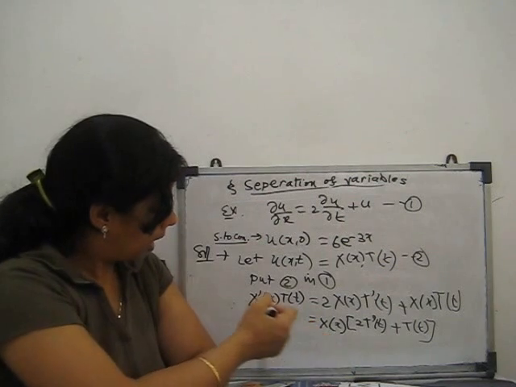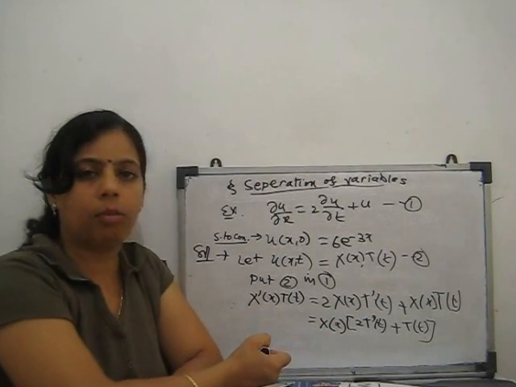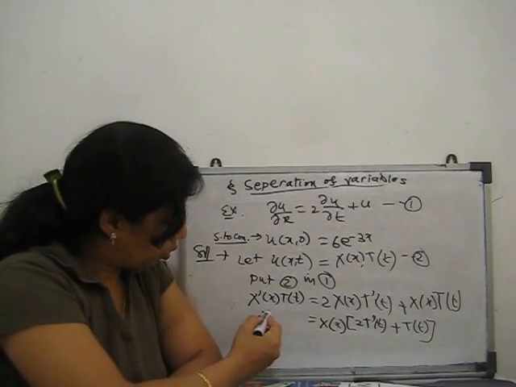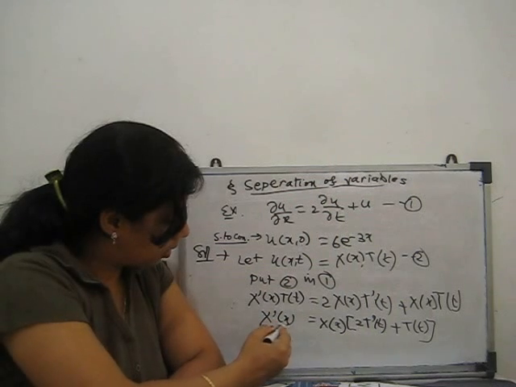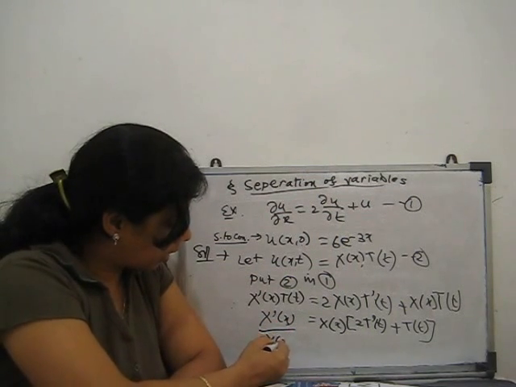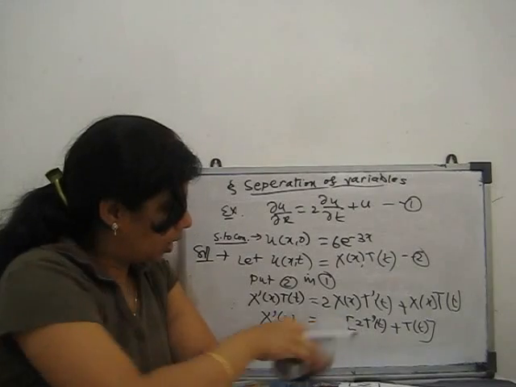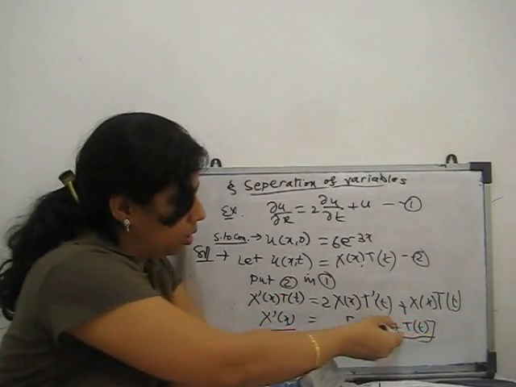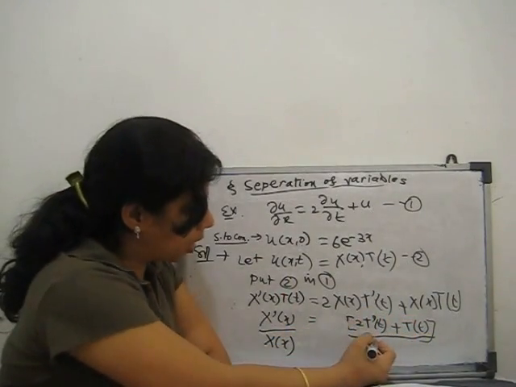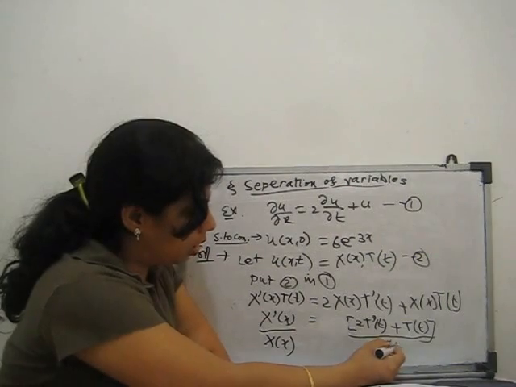Now X'' comes this side, divided by X, and this goes to the right hand side, so it becomes (2T' + T)/T.